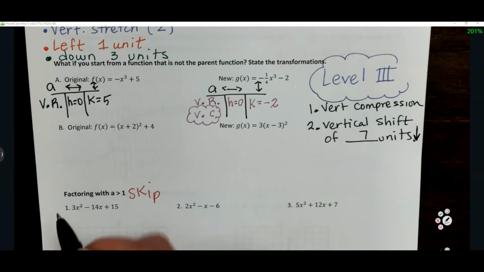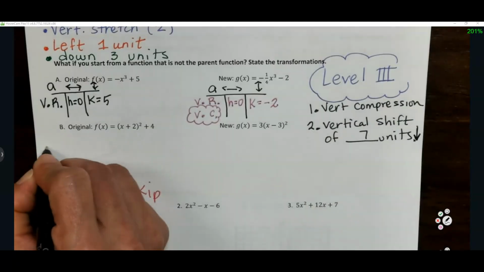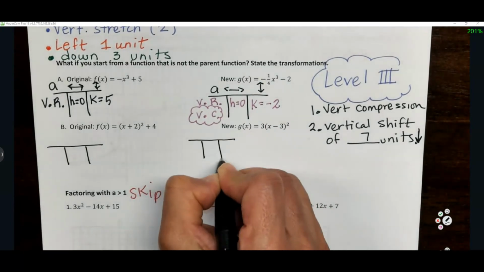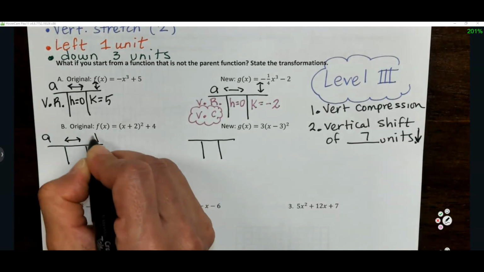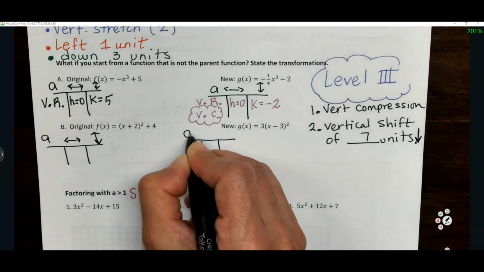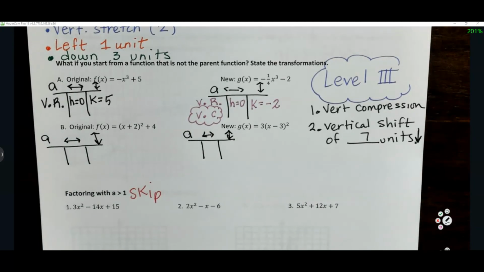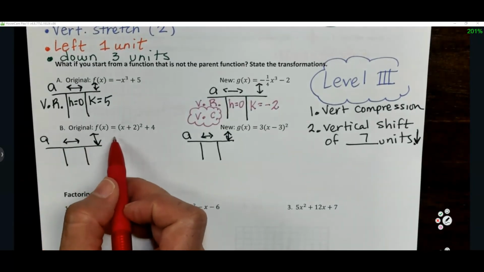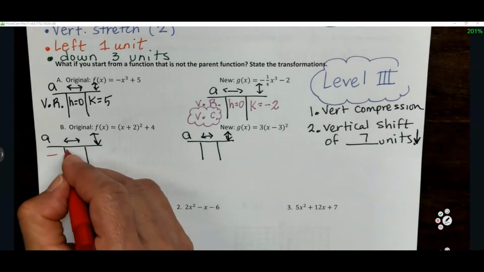Almost done, y'all. Very last problem of the day. So I'm going to kind of draw a table, see what's going on here for both of these equations. Remember A, sideways movement, up and down movement. So on this first graph, right after the equal sign, there's nothing. So there's not an A value. There's no vertical reflection or anything like that. What does H equal?